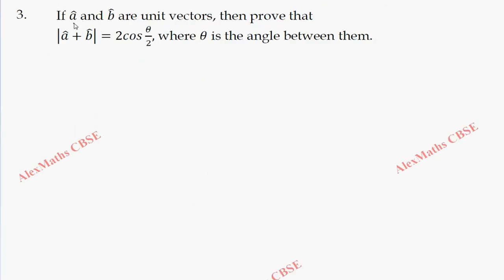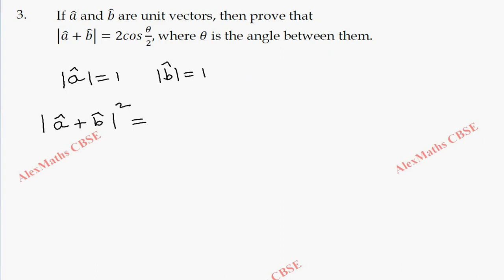Question number 3. If a cap and b cap are unit vectors, it means a cap magnitude equal to 1 and b cap magnitude is also 1. We have to prove a cap plus b cap whole magnitude equal to 2 cos theta by 2, where theta is the angle between them. Let's take the left hand side term, that is a cap plus b cap, but we are taking its square.